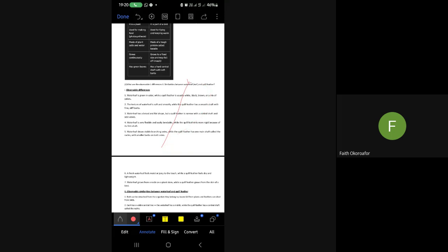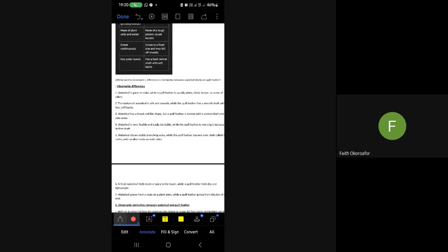So another comparison is the size. The size. So water leaf has a broad and flat shape, but the quill feather is narrow. You can see from the water leaf that I drew now, it is broad, but the quill is narrow.